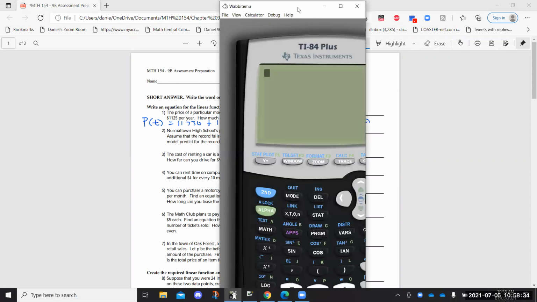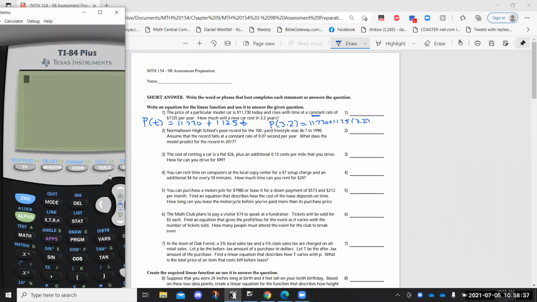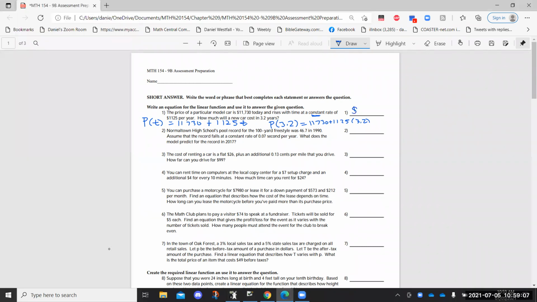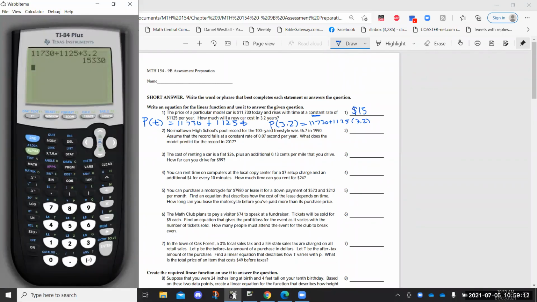I'm going to stick that off to the side over here. It's going to be 11,730 plus 1125 times, use the asterisk key on your keyboard if you're typing, or use the multiplication sign there. It's going to tell us that the answer here in dollars is 15,330.